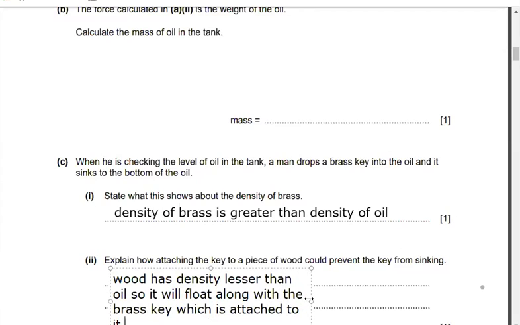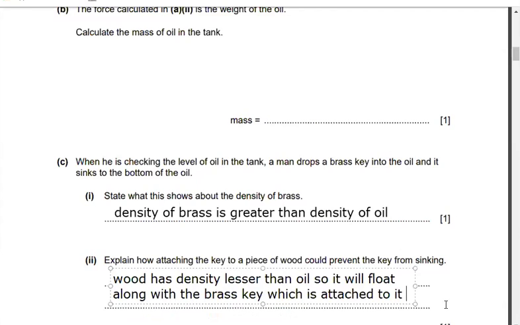So this is what is expected. Make sure you have written these things. Clear? So we'll move on to the next question. I am clearing the drawing. Don't worry, you will be getting the recording of this, so you can check your answers.